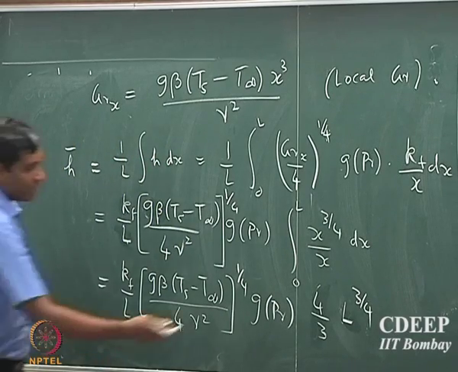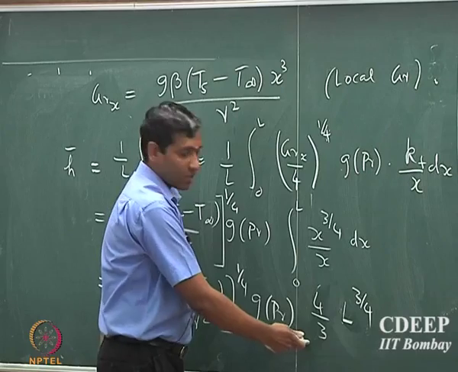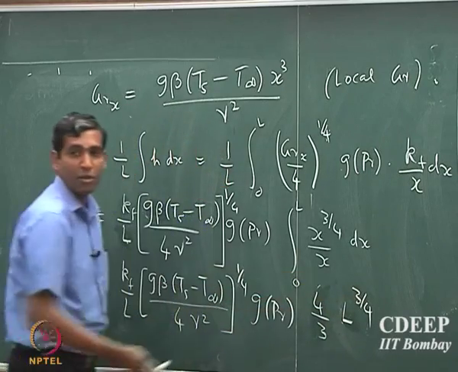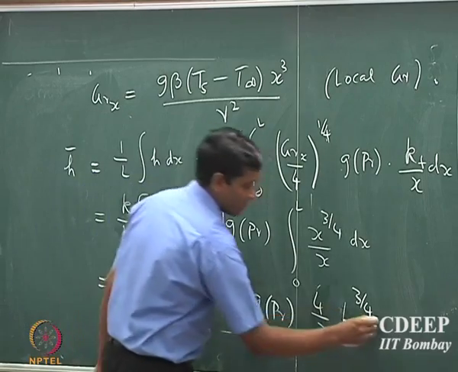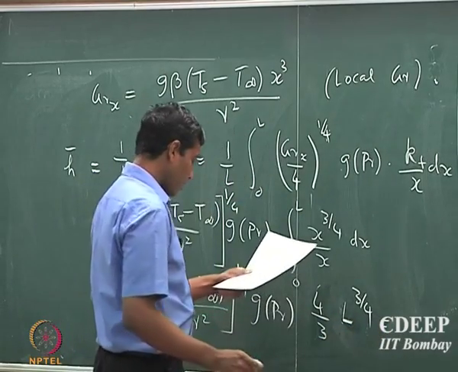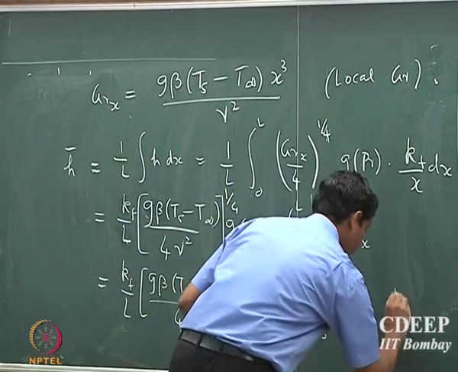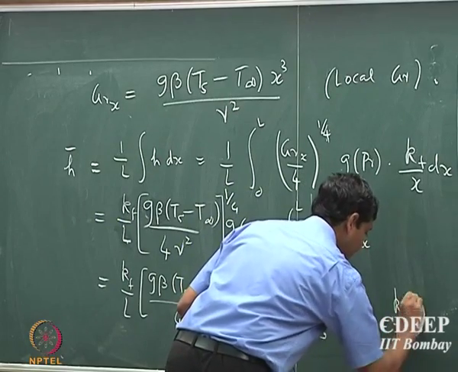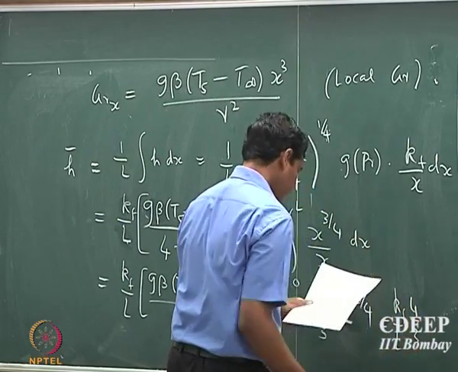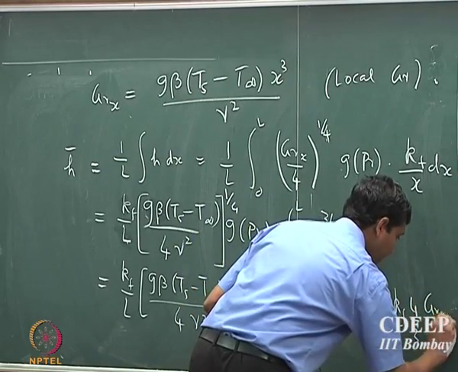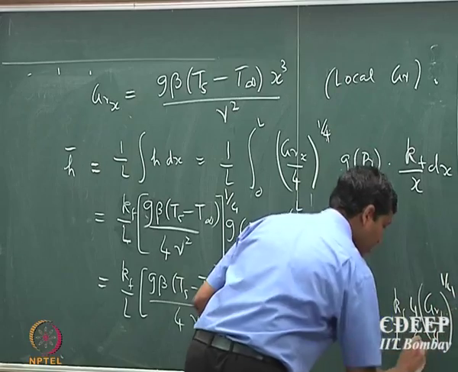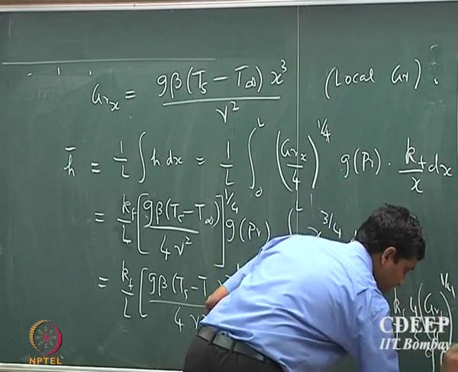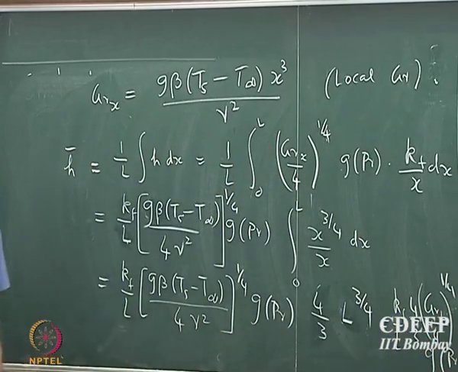So you integrate, you get a 4 by 3, which comes out because of integration, L to the power of 3 by 4. So that turns out to be Kf by L, 4 by 3 into the Grashof number based on the length to the power of 1 by 4 multiplied by the function of Prandtl number.